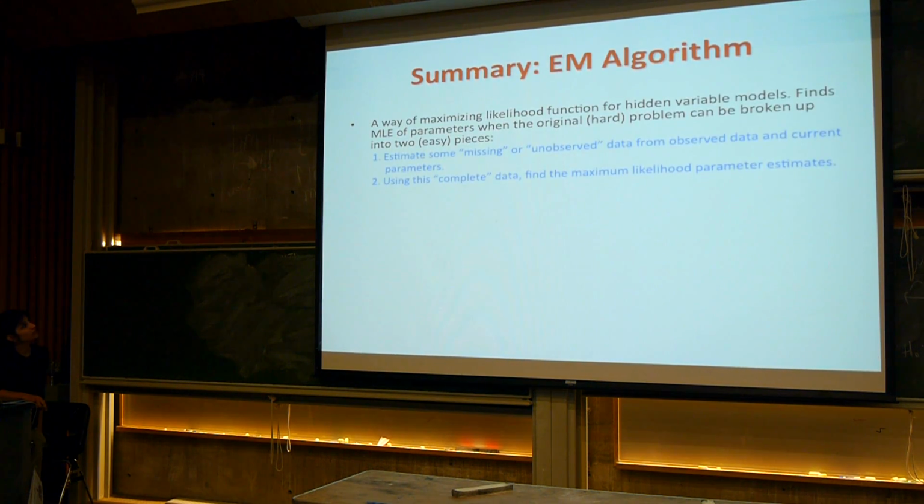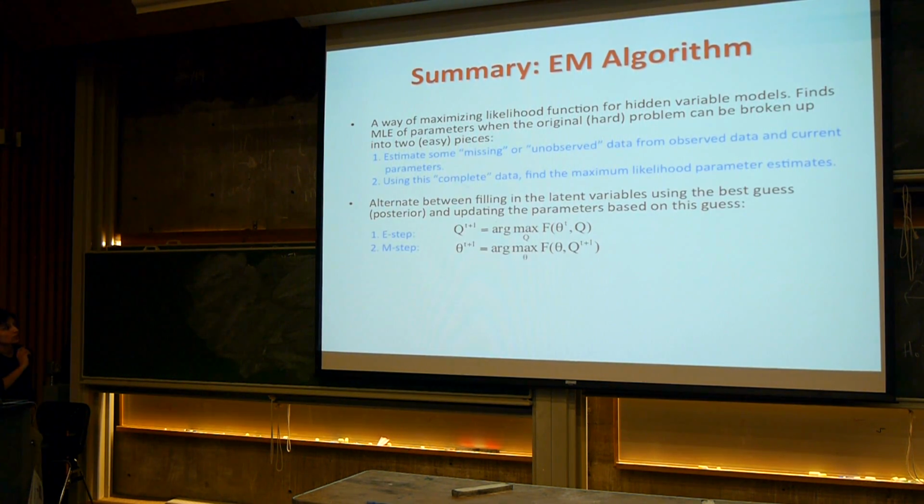All right. So let me summarize EM. We showed that it's a way of maximizing the likelihood when you have certain hidden variables, and you can break down your problem into first estimating the hidden variables, or computing the probability of the unobserved things, and then using that to find the maximum likelihood estimate of your parameters. You do this by these two steps, which are like coordinate ascent on a lower bound on your marginal likelihood.